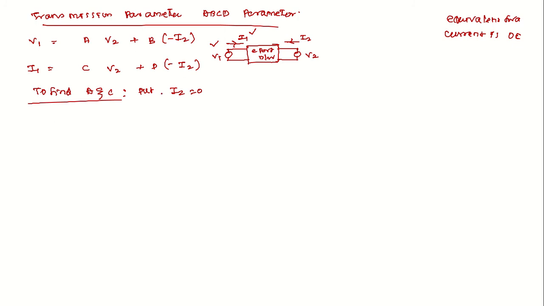Now, to find A and C, put I2 equal to 0. This circuit can be redrawn as a two-port network with V1 at the input, the output side open circuited, the current flowing is I1, and the output current I2 is equal to 0.